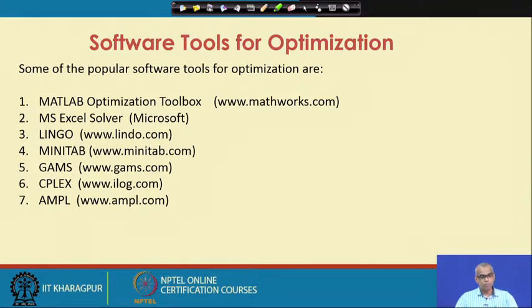Here is a list of some of the popular software tools for optimization. MATLAB optimization toolbox available from MathWorks, Microsoft Excel solver available from Microsoft, Lingo available from Lindo, Minitab, GAMS, CPLEX, AMPL, etc. In fact, there are many more, but we have just listed here some of the more popular softwares that are commonly used.